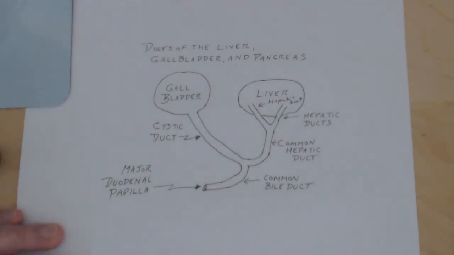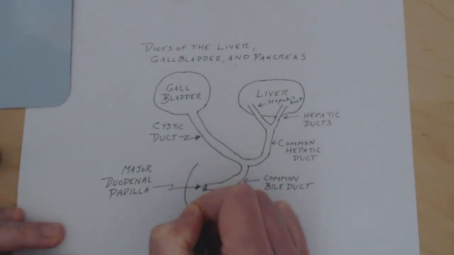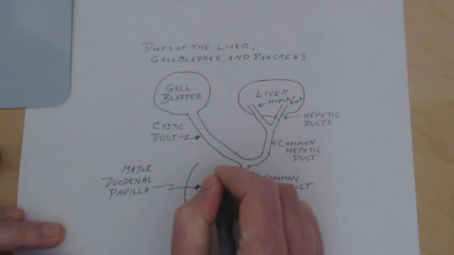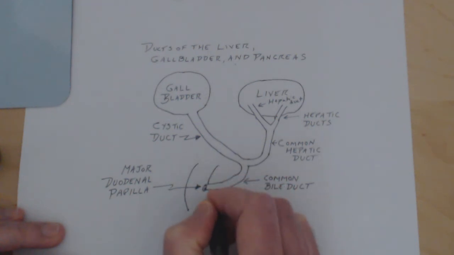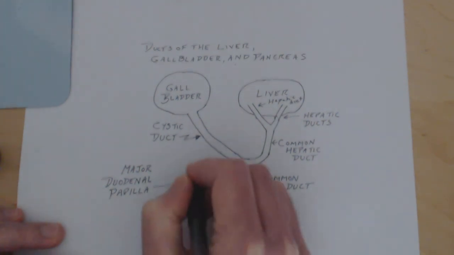Shown here. And if you want, you can basically draw in part of the duodenum as it snakes around here. The duodenal papilla lies in the wall of the duodenal mucosa. So this can be our duodenum.